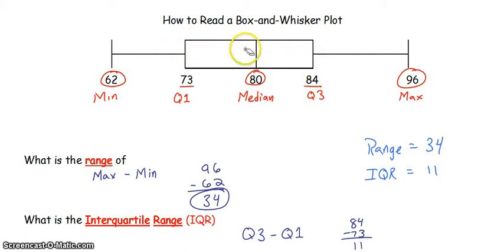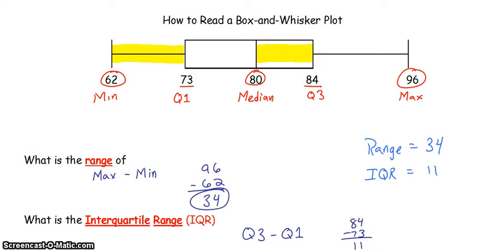One of the nice things about plotting data this way is we actually do have 4 distinct sections of our data. One is between the minimum and Q1, a section between Q1 and the median, a section between the median and Q3, and then the section between Q3 and the max.